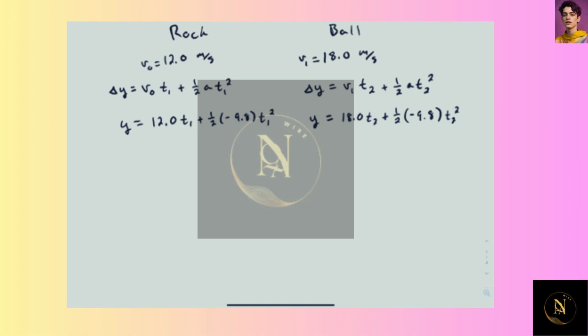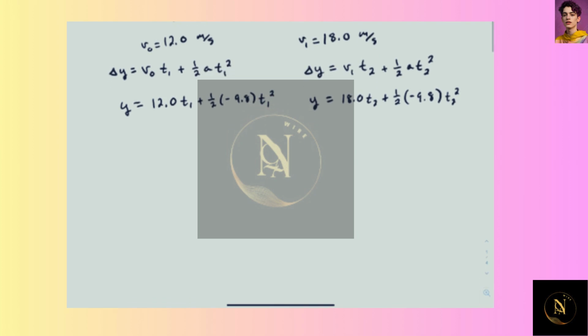t2 squared. And now I know that however long the rock has been in the air, the ball has been in the air 1 second less because the ball is thrown a second later. So now I can say that if I just call t the time that the rock has been in the air, this turns into minus 4.9 t squared.